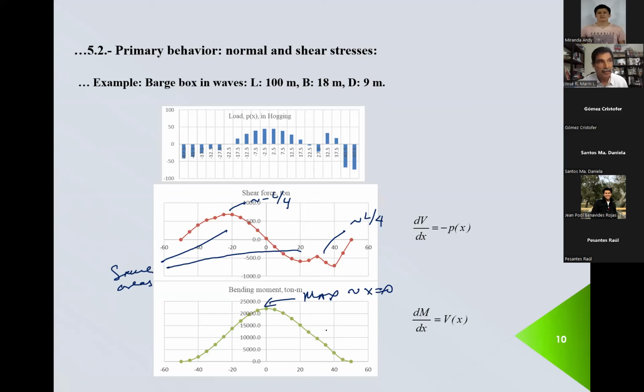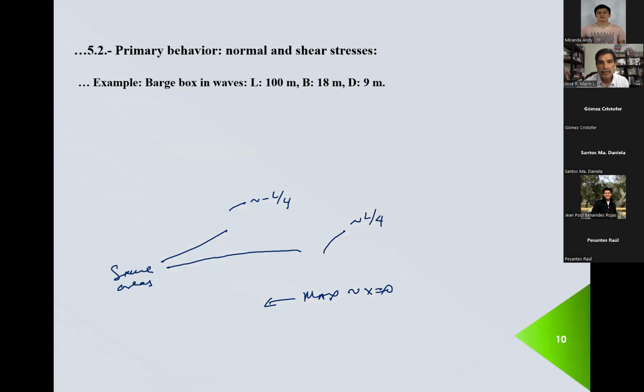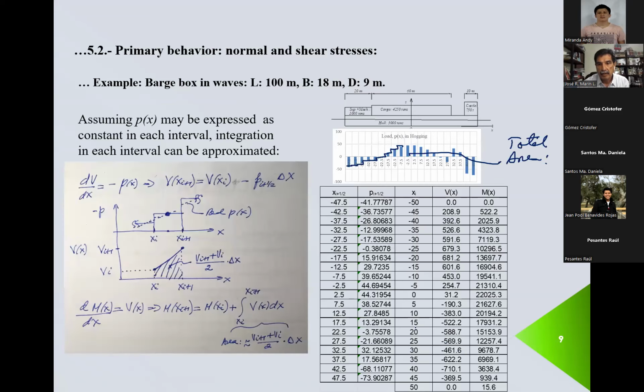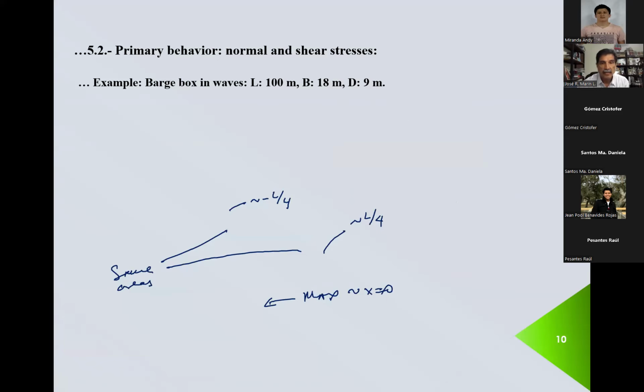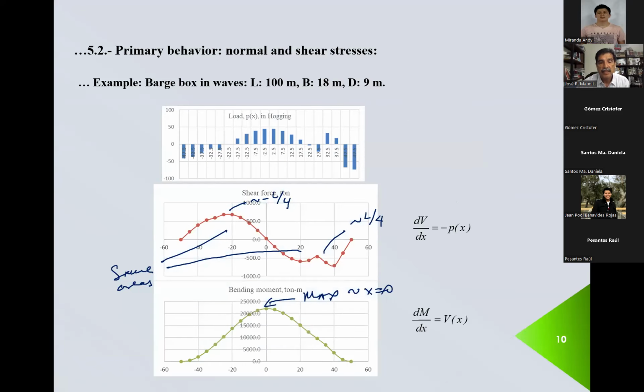And this is a plot of the previous table. This plot corresponds to this table, and this value 15.6 is the value that you are seeing here. But proportionally, it's very small.